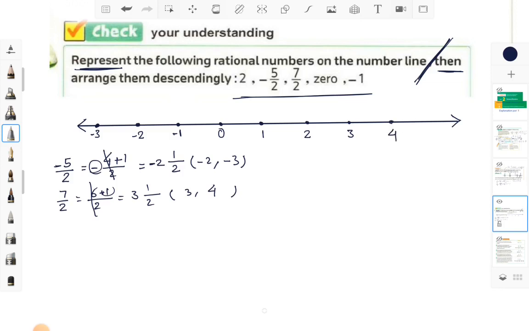It's enough, because the largest positive integer we have here is 4.